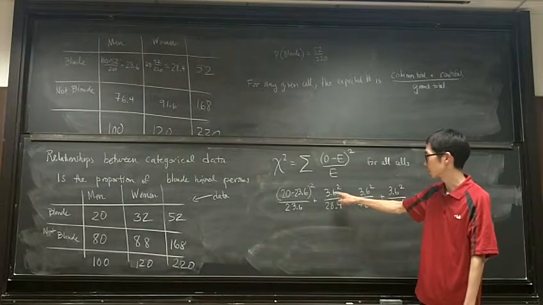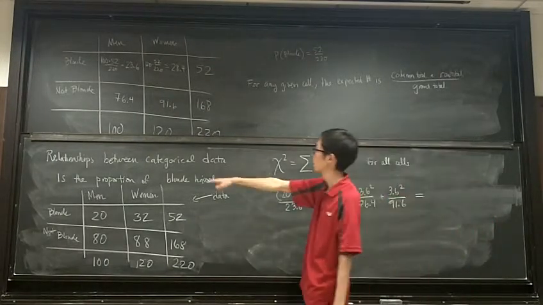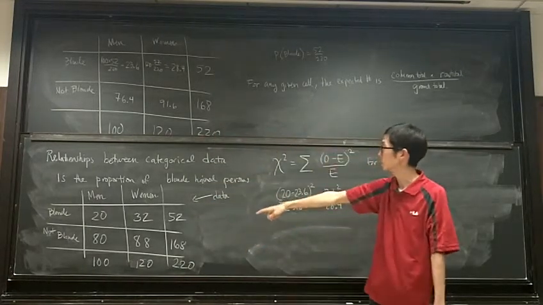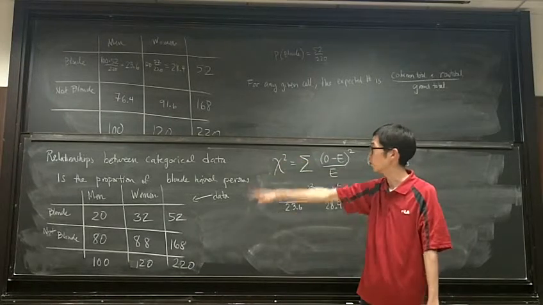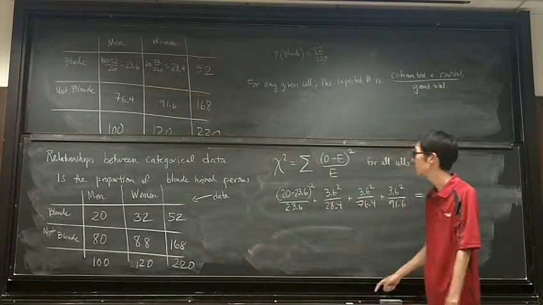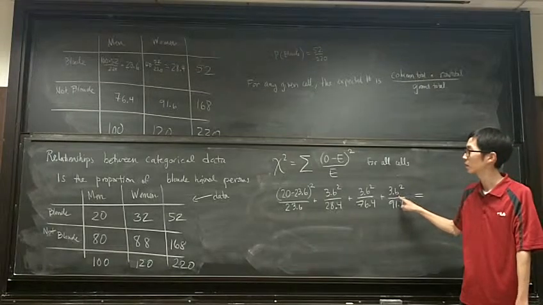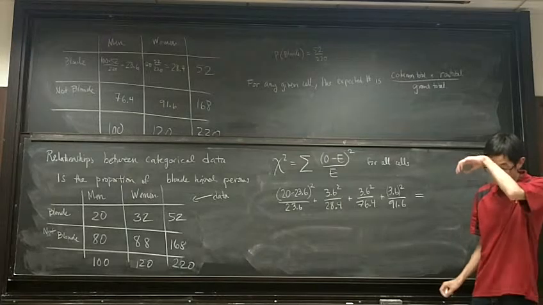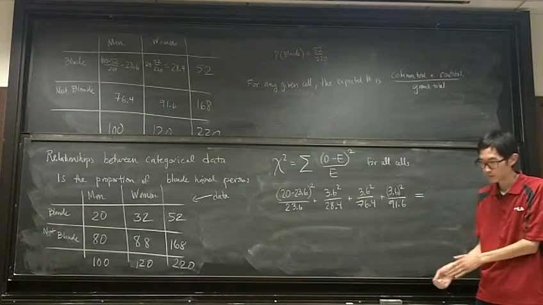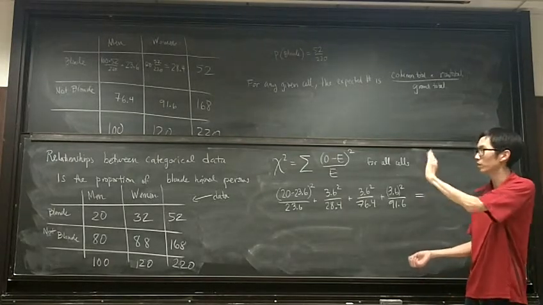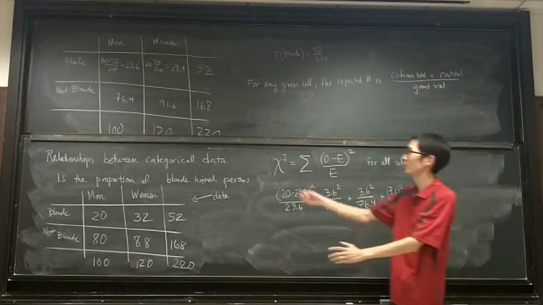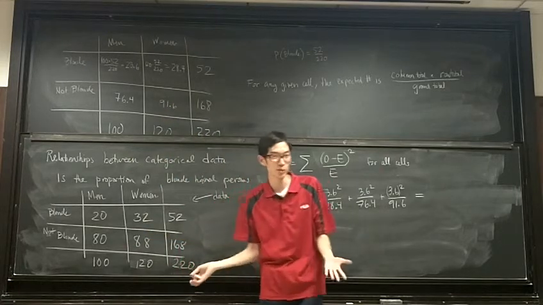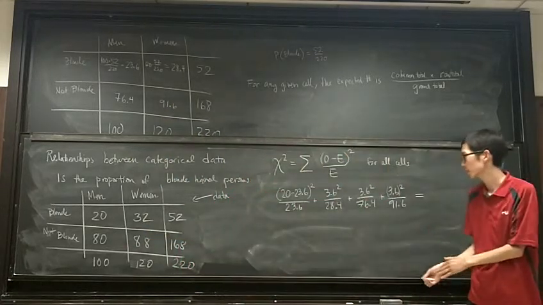Maybe I skipped a step here, but basically if you do 32 minus 28.4, you get that, and 80 minus 76.4, you get that, and 88 minus 91.6, you get 3.6. So in all of these, this one's technically negative. It's not a coincidence; it has to do with the fact that once this number is determined, all of the other numbers are also determined.